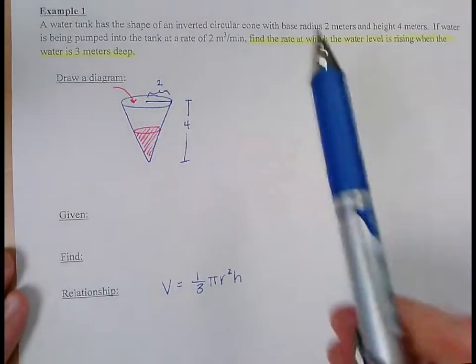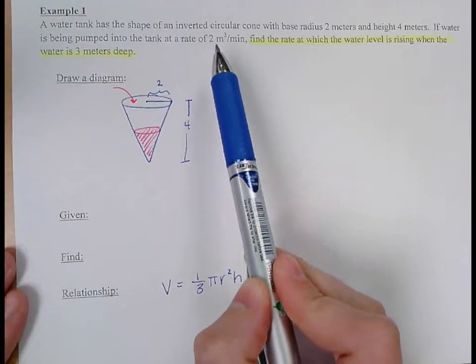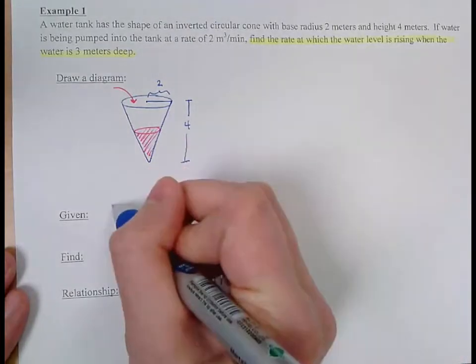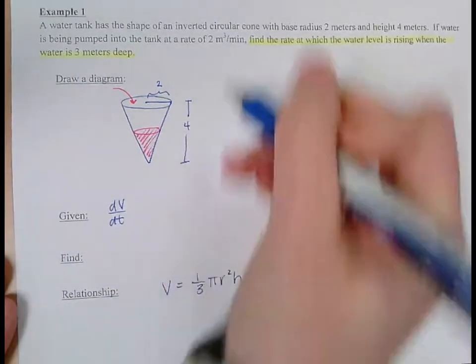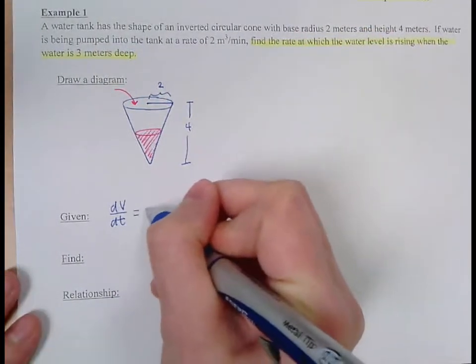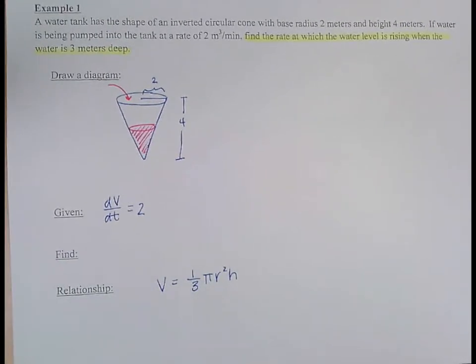So we are given then the rate of the volume. So dV/dt, the rate of the volume with respect to time, is the 2 meters cubed per minute. So I'm just going to say this equals 2. And then we're trying to find the rate at which the water level is rising when the water is 3 meters deep.